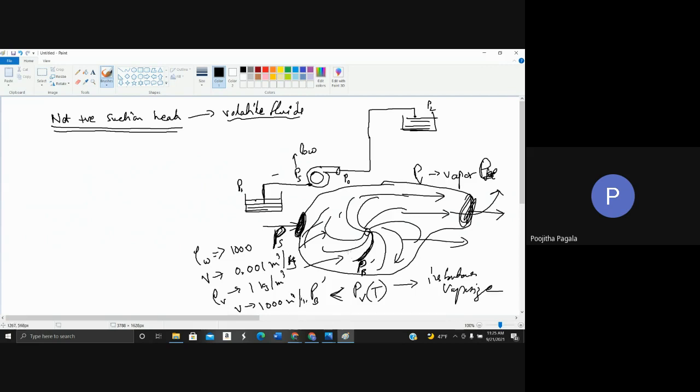So initially the water was occupying a specific volume of 0.001 meter cube per kg, and as soon as the pressure falls below the vapor pressure, the water instantaneously vaporizes. The vapor now has a very high specific volume, which is 1000 times more.